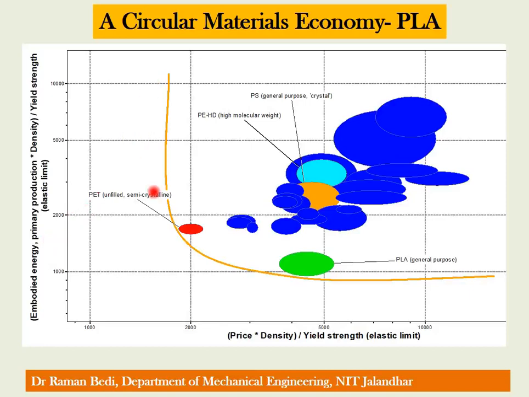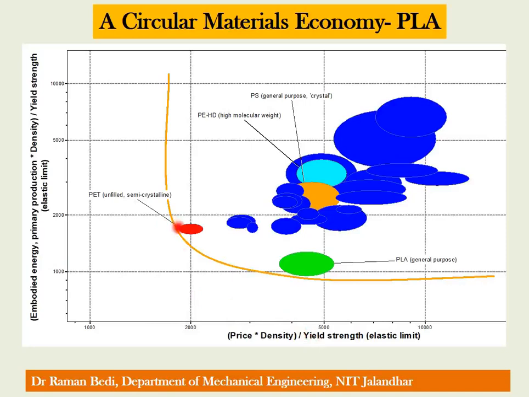We carried out this analysis earlier in another video lecture, where we used a trade-off surface method for selection of material on multiple objectives. One objective was minimum embodied energy, and the second was price.